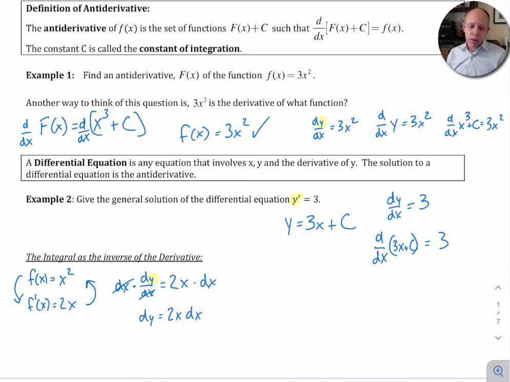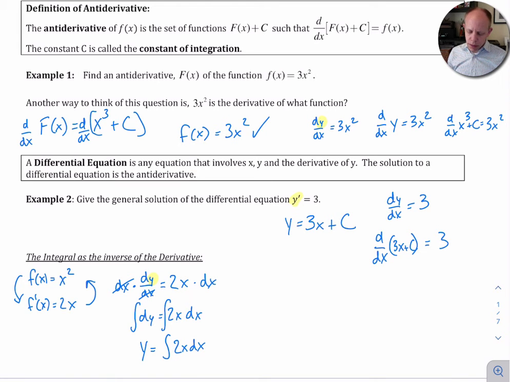Now, at this point, we can't really divide by d. d isn't a number, and so that is not the inverse of the derivative. Instead, the inverse operation is notated this way, and that's an integral symbol. So if we take the integral of the derivative, that is the inverse. It undoes. So what I do to one side, I do to the other side. And so what I'm left with now is y equals the integral of 2x dx.